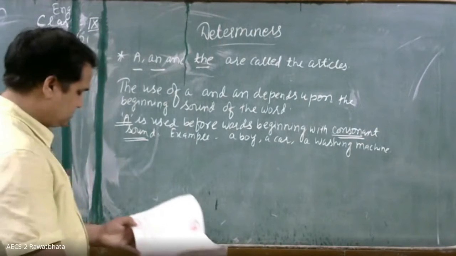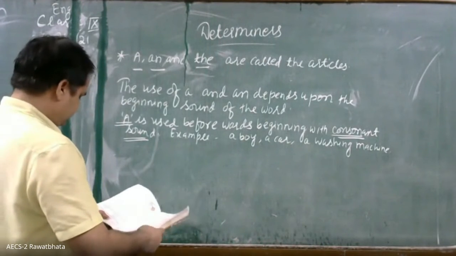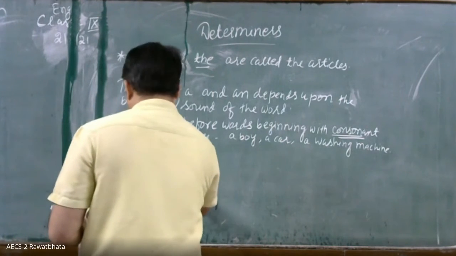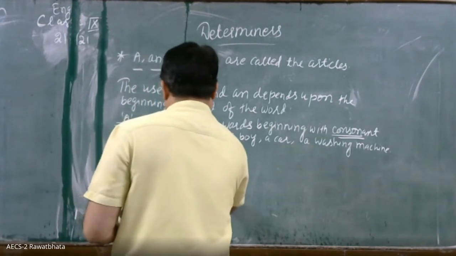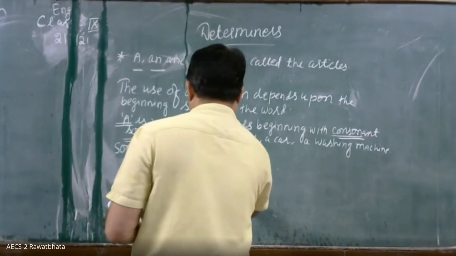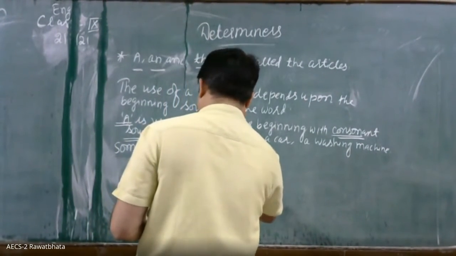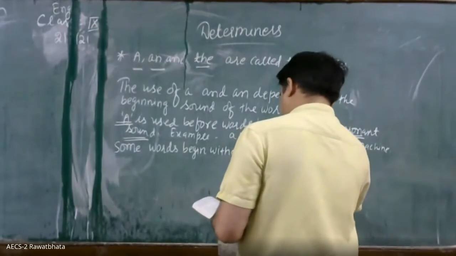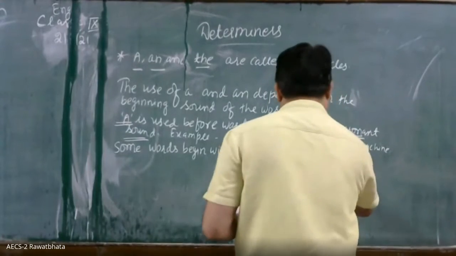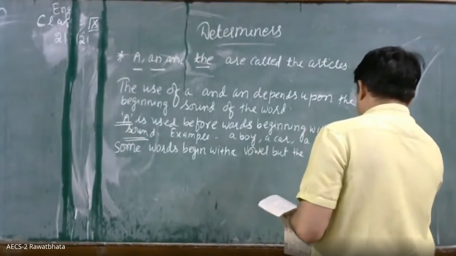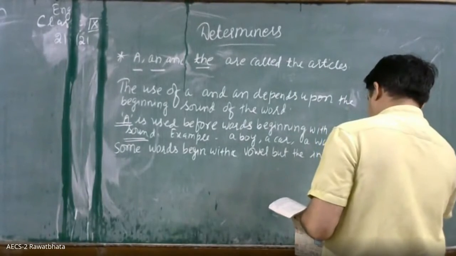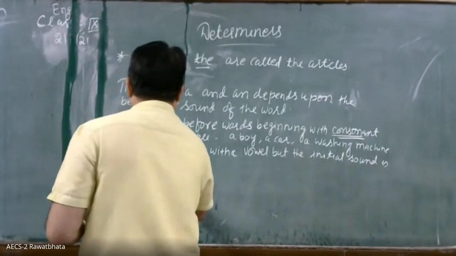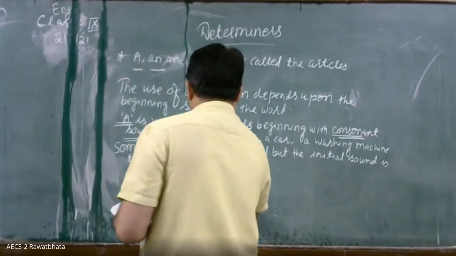Then you write the exception. Some words begin with a vowel, but the initial sound is that of a consonant.